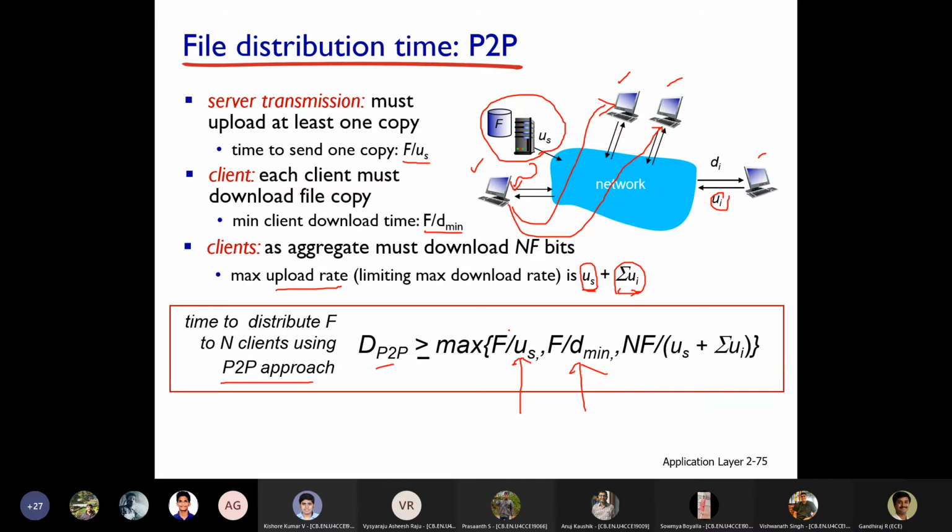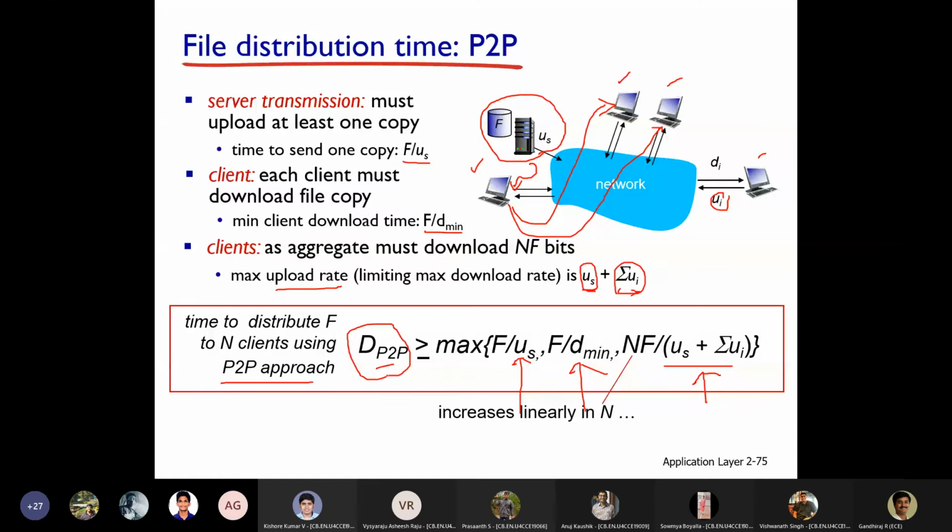That's called the client-server approach. In another approach, they may come to the front row and keep 10 papers in front of the first student writing the exam. He will take one paper and pass the rest to the next one, like that. That may be an analogy for peer-to-peer. Then nF divided by the total rate. Among these, whichever is the maximum duration, that much time it will take.